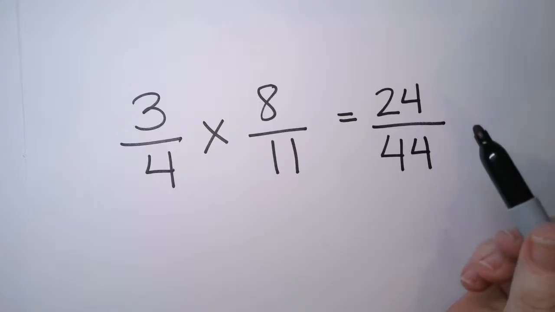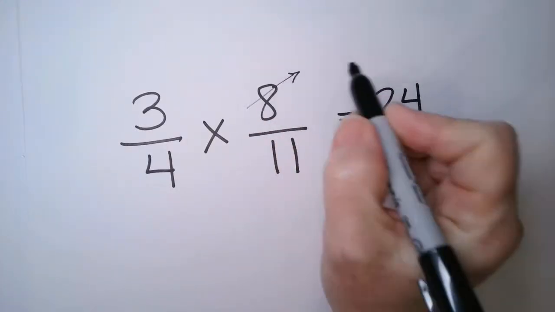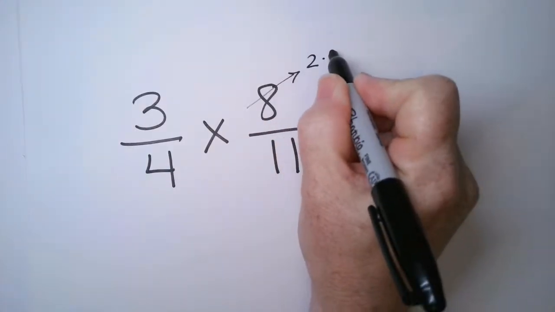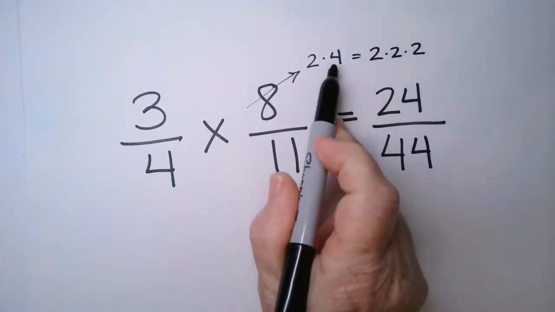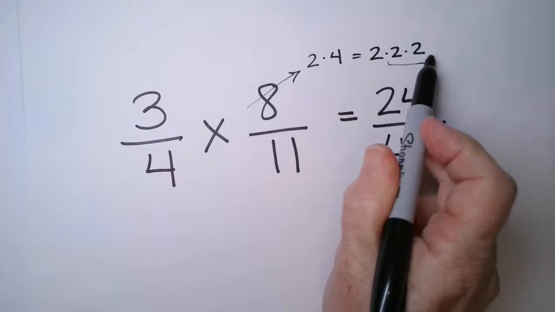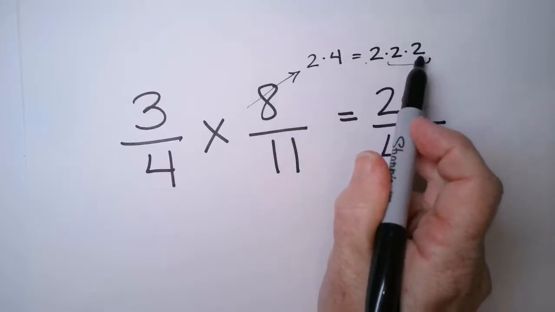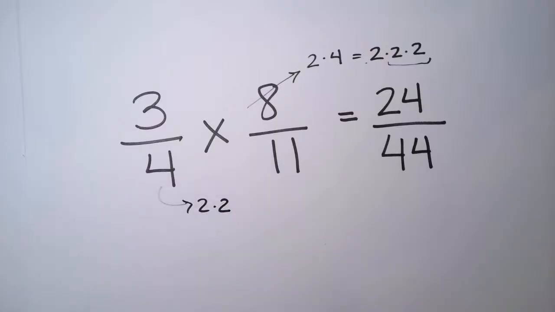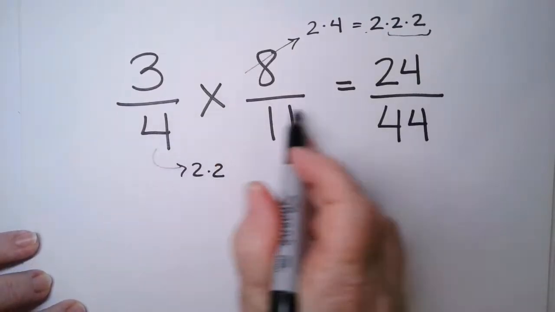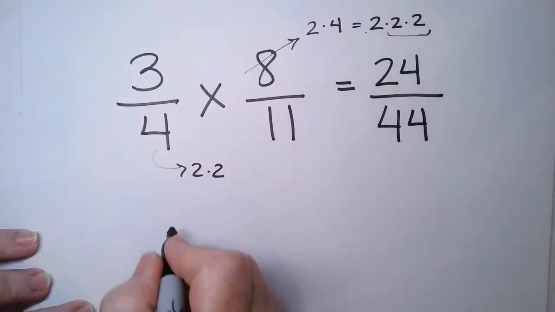Okay, so 8 is also known as 2 times 4, which is known as 2 times 2 times 2. That 4 breaks into 2 of the 2's, right? So 4 is 2 times 2. Let's do this again, but we'll cancel first. If we don't cancel, we get this monster number.